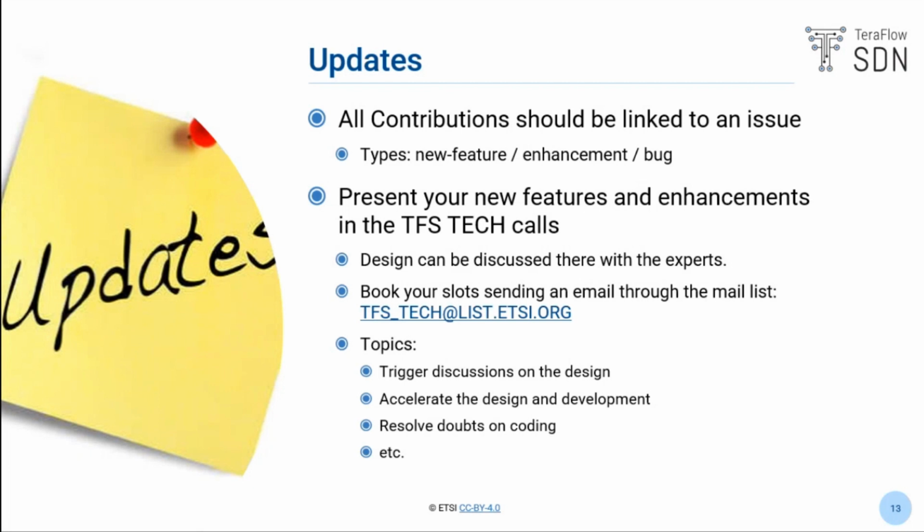So we have issues of bug, new feature, and enhancements. It's important that you present these features and enhancements in the tech calls. We have the technical emailing list. Please take a look at it. You can book slots to present the features, to discuss topics, to discuss design patterns, and so on.